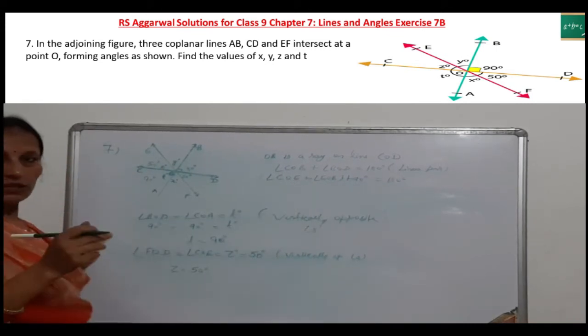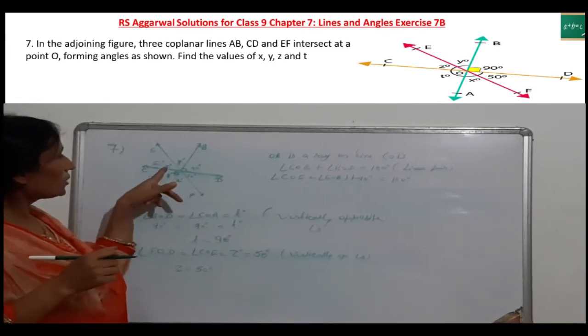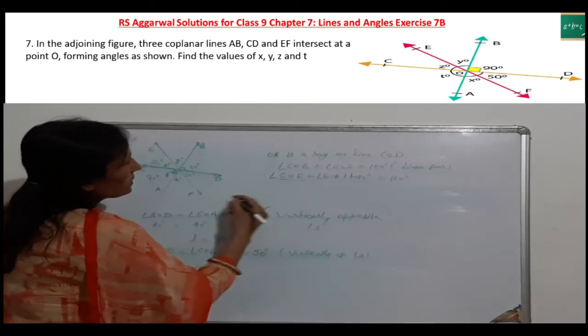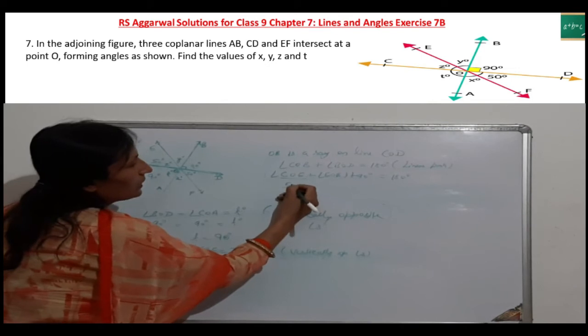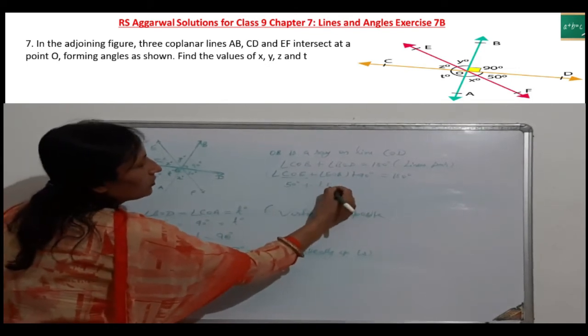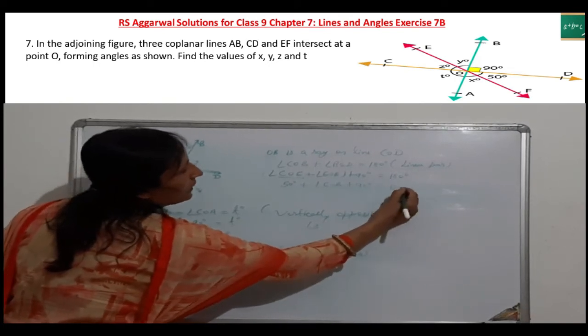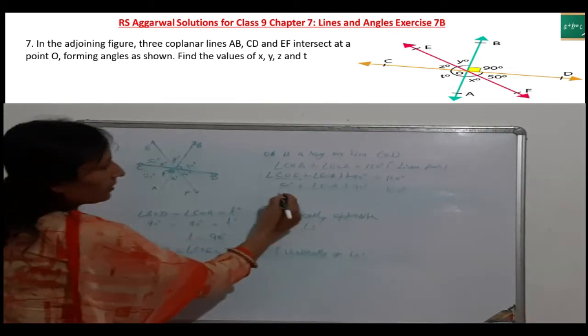Now one more value we know already, angle Z. Z is 50 degrees and Z is COE. So COE is this Z. Here we can write 50 degrees plus angle EOB plus 90 is equal to 180 degrees. Now we can get angle EOB.